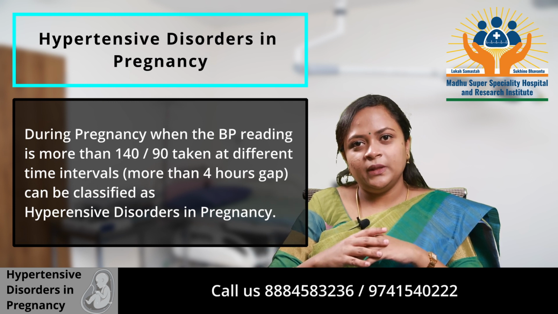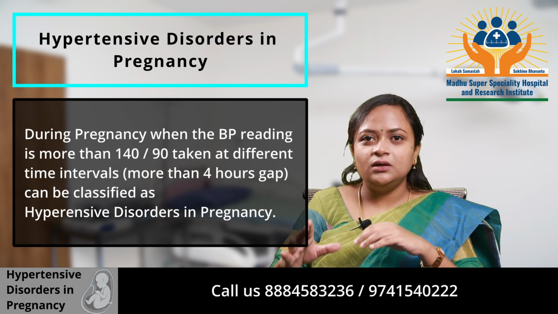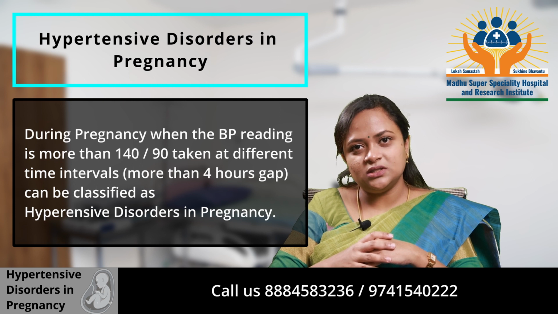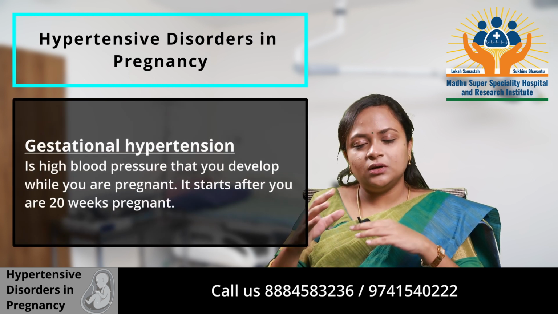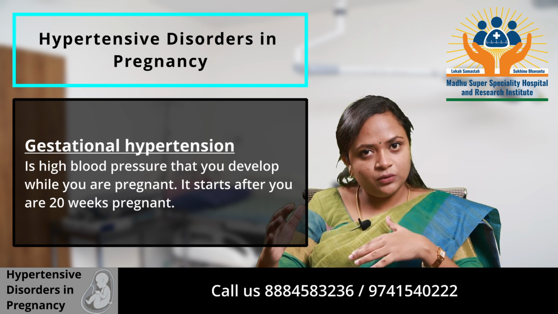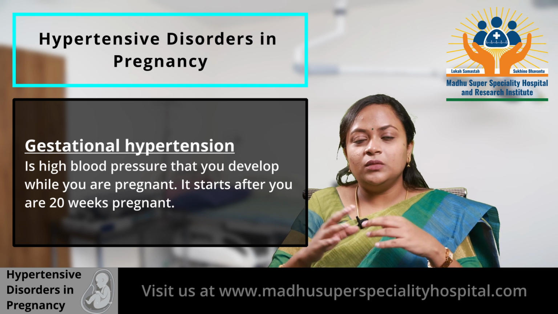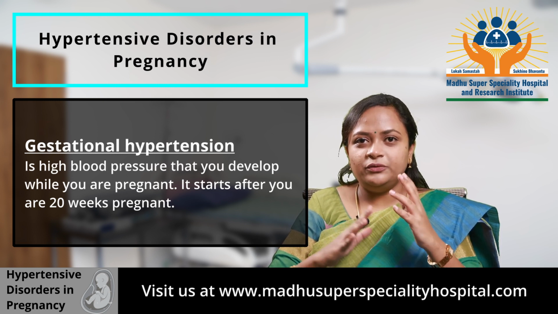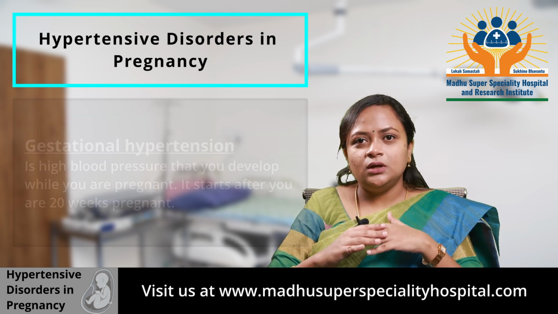And when both the BP readings are equal to or more than 140/90, you put it into hypertensive disorder of pregnancy. Gestational hypertension is when the BP reading is more than 140/90, 2 readings 4 hours apart, and it should be after 20 weeks of pregnancy, not before that. Then you call it gestational hypertension.